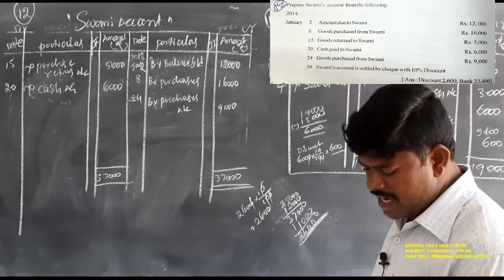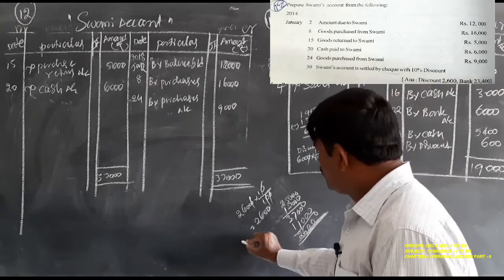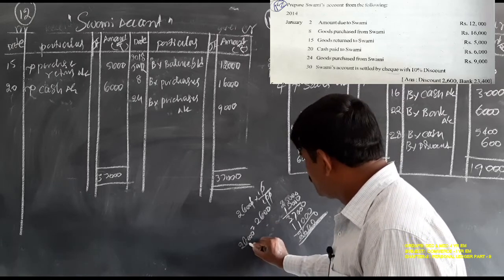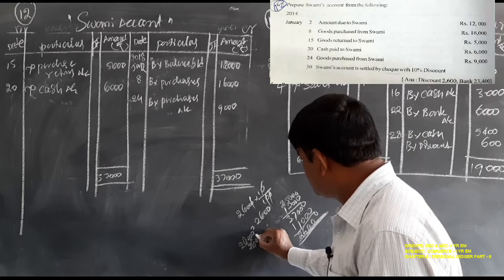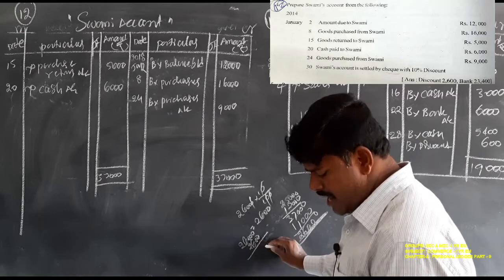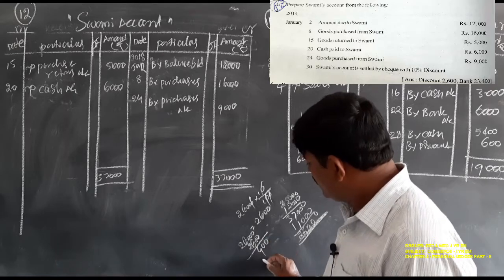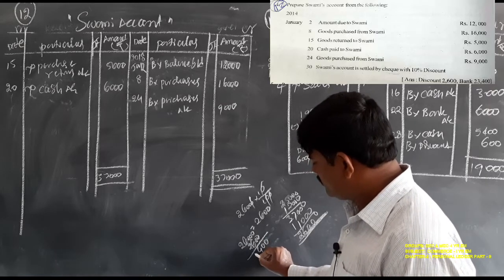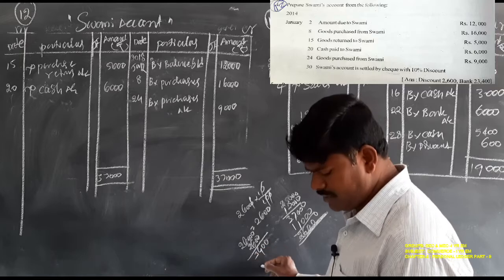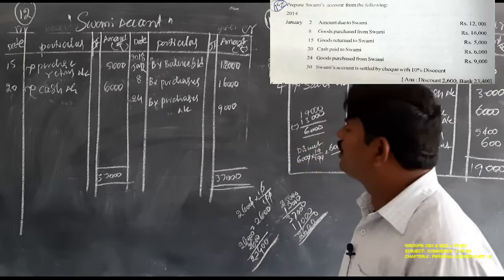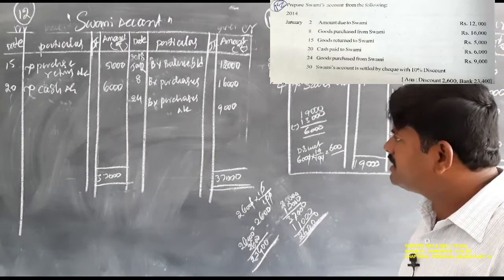What is the remaining balance? 26,000 rupees minus 2,600 rupees, 23,400 rupees settled with check.